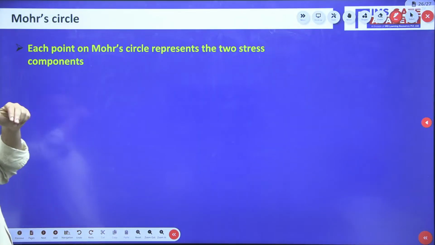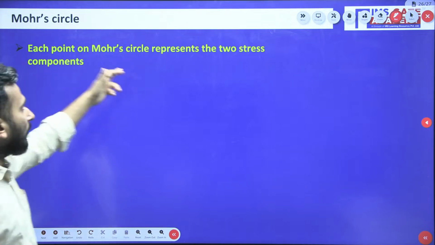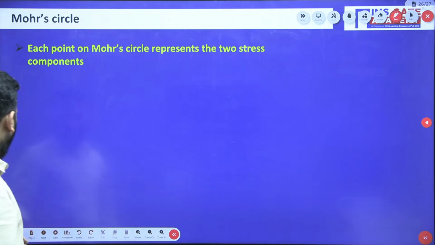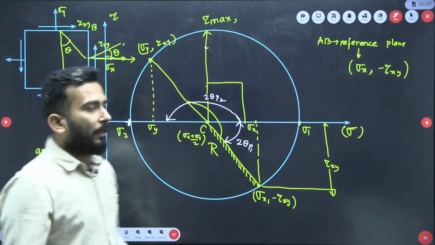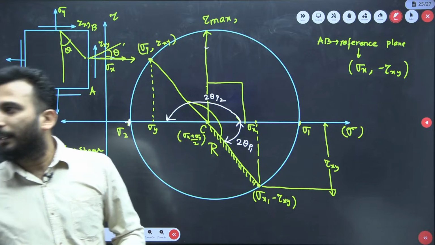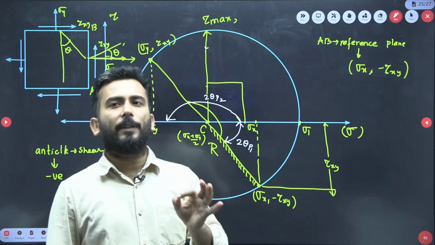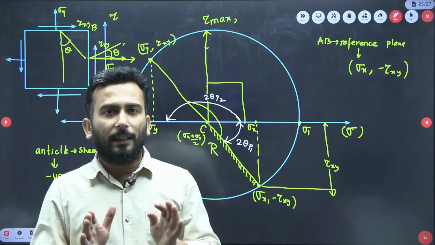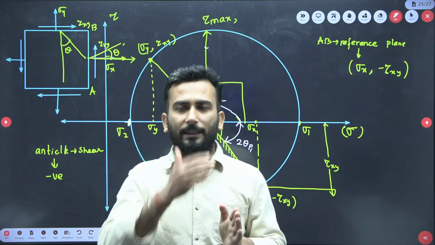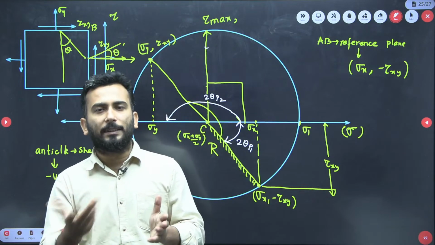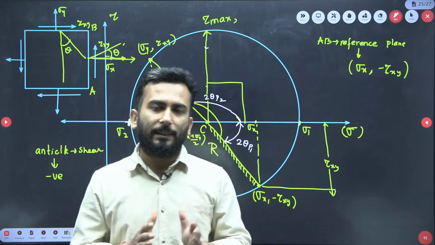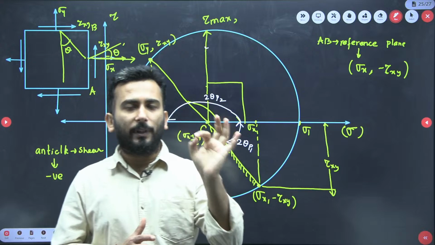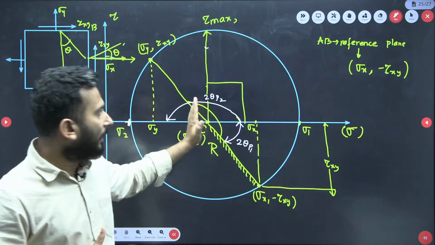All this is very important: each point on Mohr circle represents the two stress components, right? This thing you have to see once. So my dear friends, till now I have taken 3 classes on stress transformation, which is equivalent to 3 hours, and in these 3 hours I started from a general state of stress, and today I am ending on this circle.